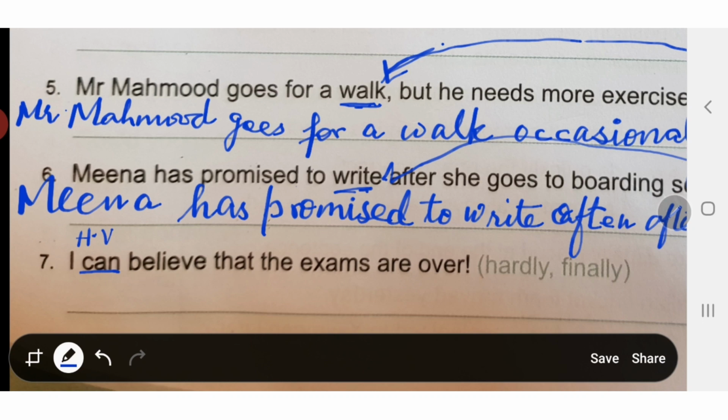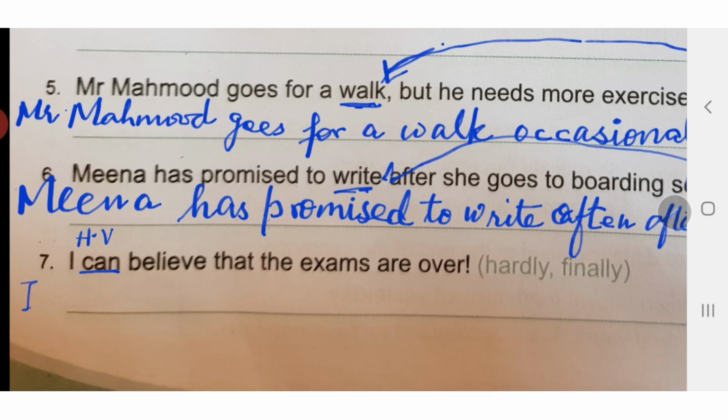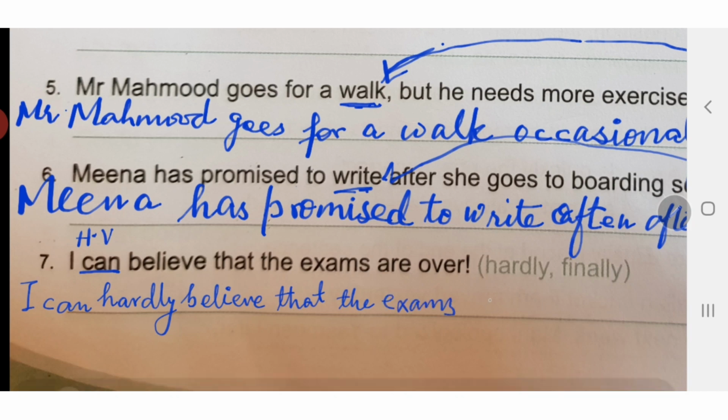So we can put this "hardly" there after the helping verb. It will become: I can hardly believe that the exams are, then again students, "are" is another helping verb, right?